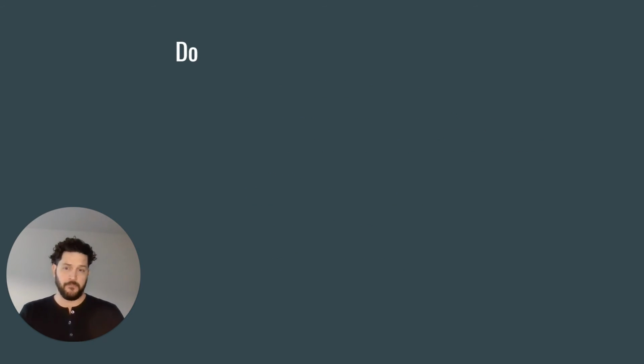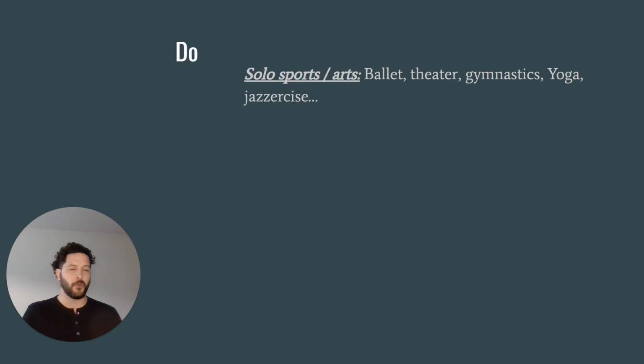Now, do. Do is a little more versatile, has more uses. So here we have solo sports and arts. Solo means alone. So for example, ballet, you do ballet, or you do theater if you are an actor or a thespian. You do gymnastics, you do yoga, you do jazzercise.